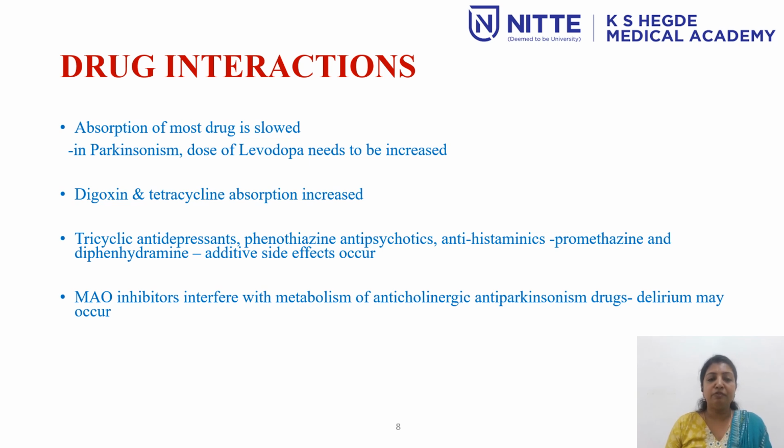Tricyclic antidepressants, phenothiazine antipsychotics, and antihistamines, as I've already mentioned, have anticholinergic action, so if you give those drugs with atropine or other antimuscarinic drugs, additive side effects can occur. And monoamine oxidase inhibitors, MAO inhibitors, can interfere with the metabolism of anticholinergic antiparkinson drugs and can lead to delirium.